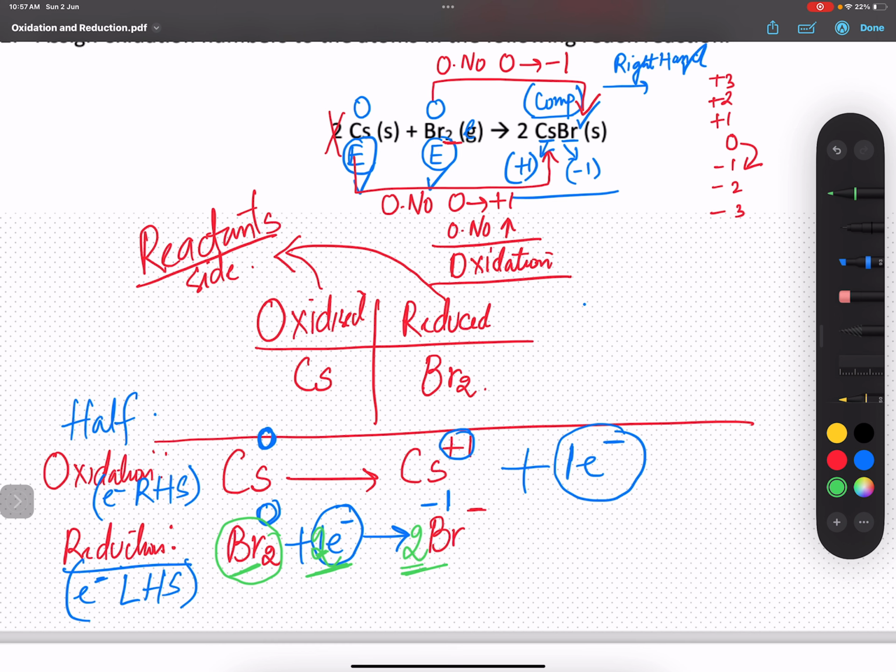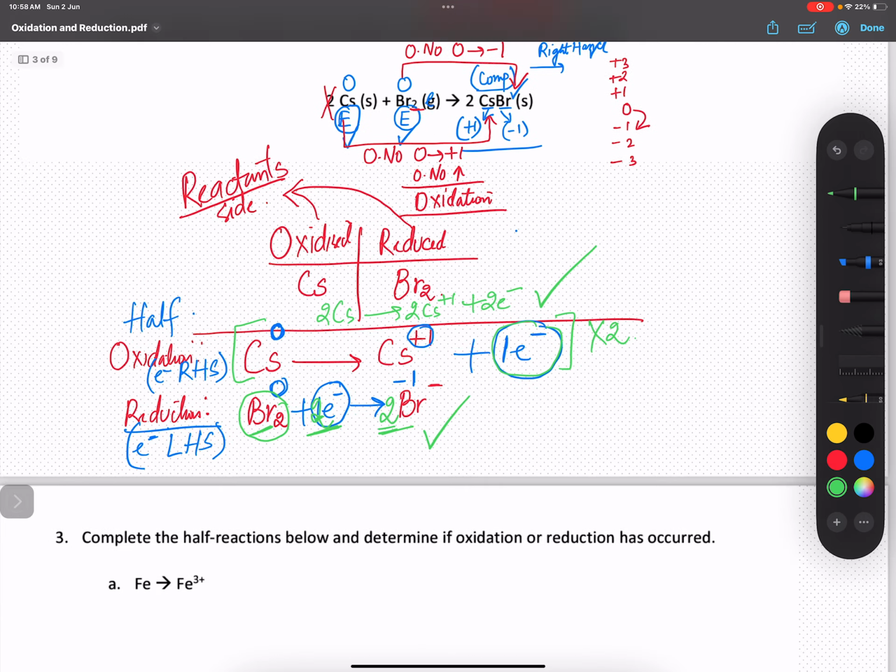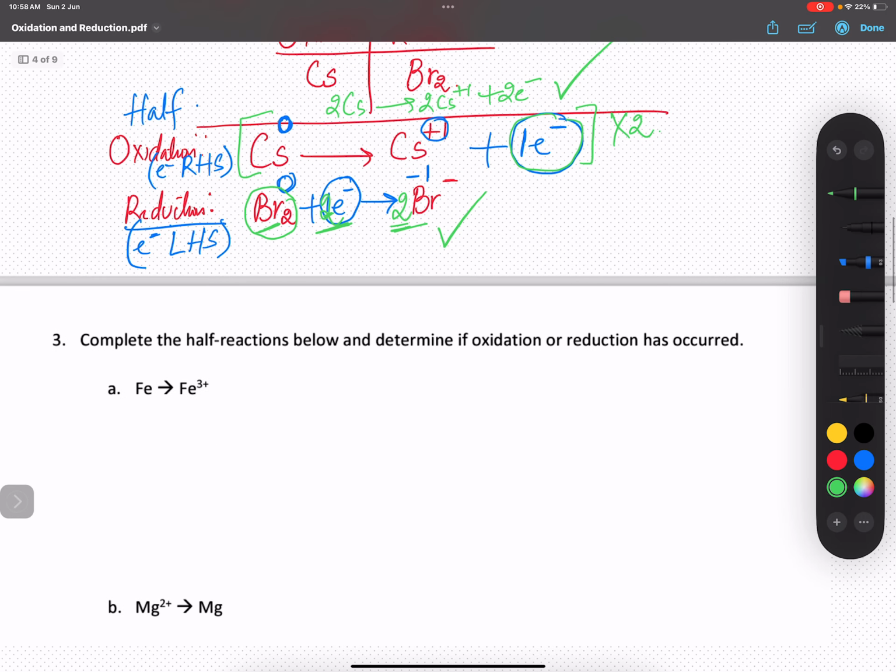Over here, it's one electron, so multiply the whole equation by 2. You will get 2Cs arrow 2Cs+ and 2 electrons. Look here, it has 2 electrons, it has 2 electrons. So now the oxidation half and reduction half are complete.